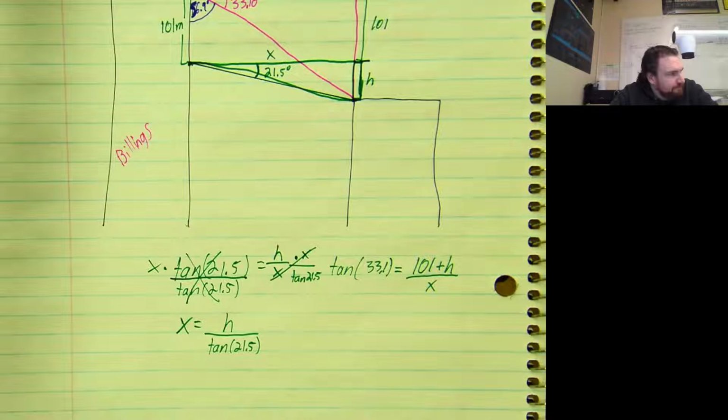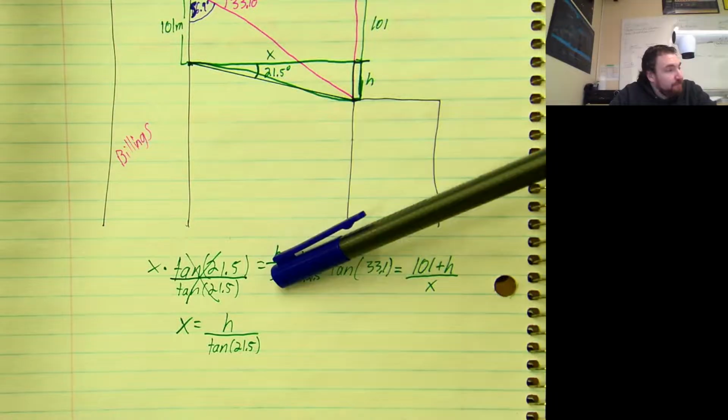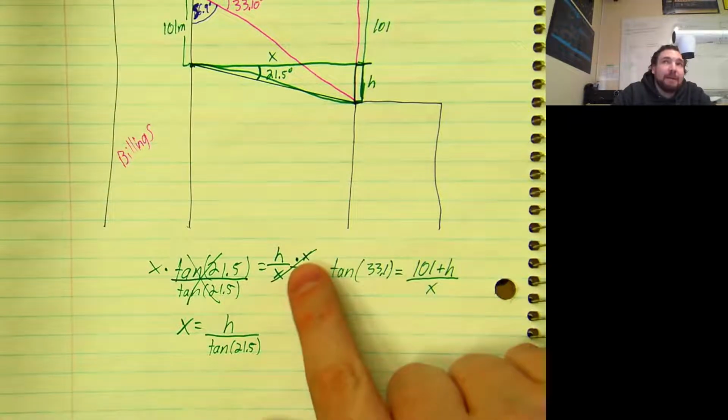If you remember the equation that we started with, tan 21.5 equals h over x. What James said he wanted to do was isolating for x. I want to get x by itself, and not only by itself, but also in the numerator. Because it's in the denominator over here, I need to multiply both sides by x.